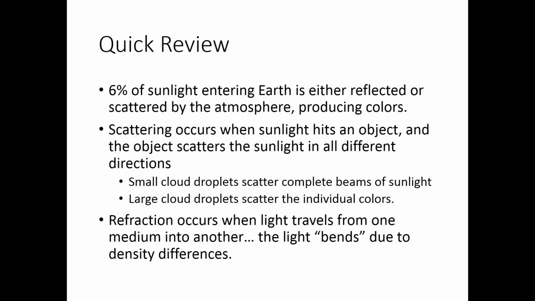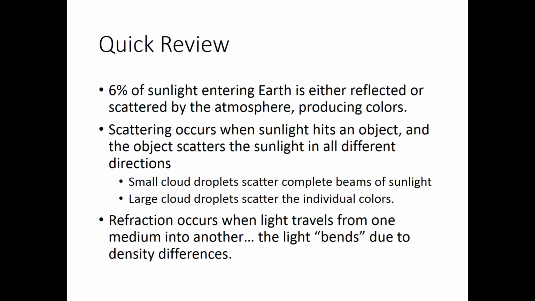The last thing that we talked about was the idea of refraction. And refraction occurs when visible light moves from one medium to another. And if it hits the boundary between these two media at an angle, that causes the light to bend. And this is one of the reasons why, if you've ever looked at something through a glass of water, the size may look distorted or it may even look reversed.